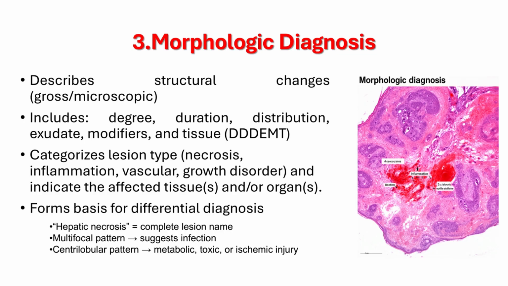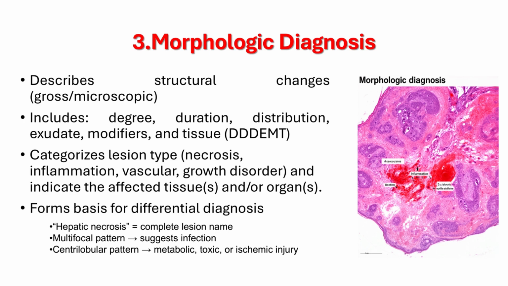A morphologic diagnosis summarizes the structural changes identified in tissues, either grossly or microscopically. To build this diagnosis, pathologists describe the lesion using elements such as degree, duration, distribution, exudate, modifiers, and tissue, DDDEMT. This approach helps categorize the lesion, whether it represents necrosis, inflammation, vascular disturbance, or abnormal growth, and indicates exactly which organ or tissue is involved.